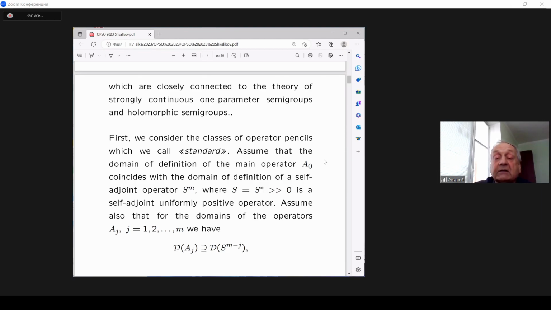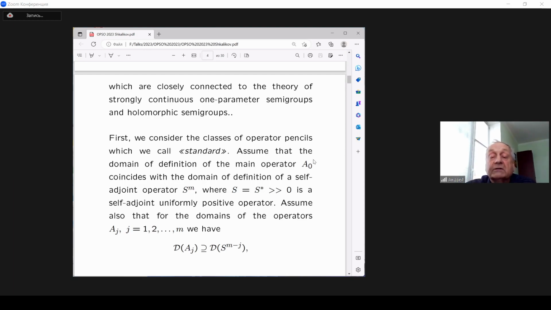I would like to mention that if operator A_0 is closed, then the Hilbert space connected with the graph subspace of the operator A_0 is closed too, and automatically such an operator S does exist.